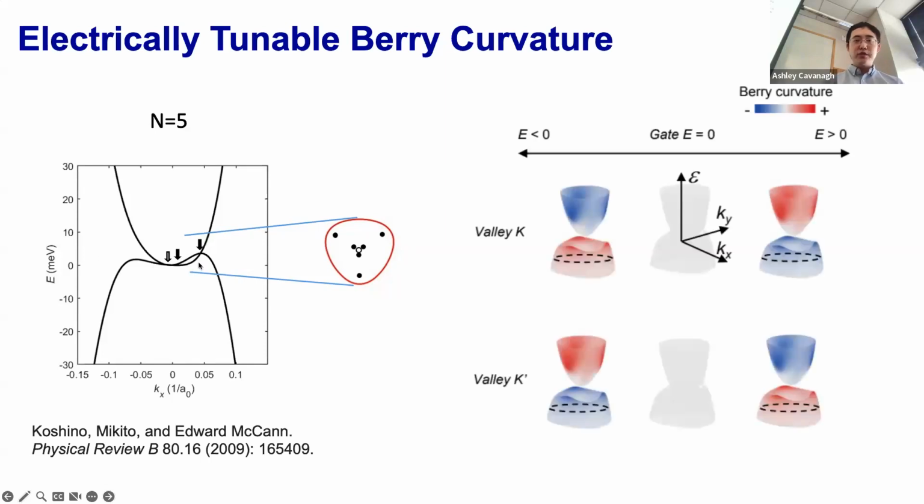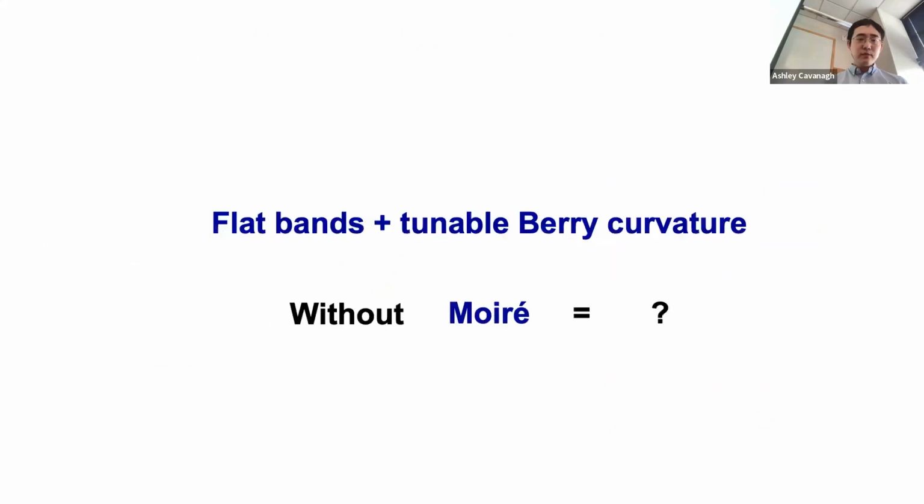Once you use a small electric field to break the degeneracy and open up the band gap, all the states near the band gap start to have large Berry curvatures, positive or negative, depending on which valley you are looking at, and whether you're applying a positive or negative electric field. So here you have tunable Berry curvatures in this potentially very flat band. And maybe the flat band and the Berry curvature are going to add up and give you something interesting in the topological sense. Okay, and that's the question that we had.